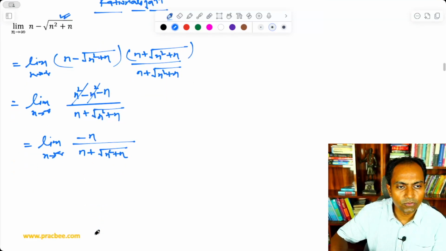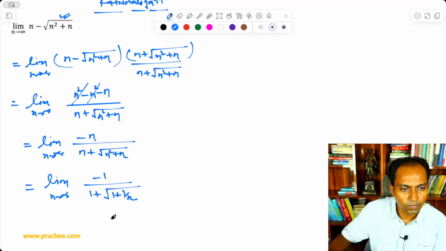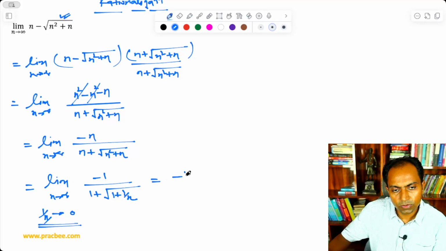Once you have this, now you can divide by n and get the answer. So if I divide it by n, limit n tends to infinity, this becomes 1 plus root of 1 plus 1 by n. If I put the limit, 1 by n will tend towards 0. So answer becomes minus 1 by 1 plus root 1, or minus 1 by 2.